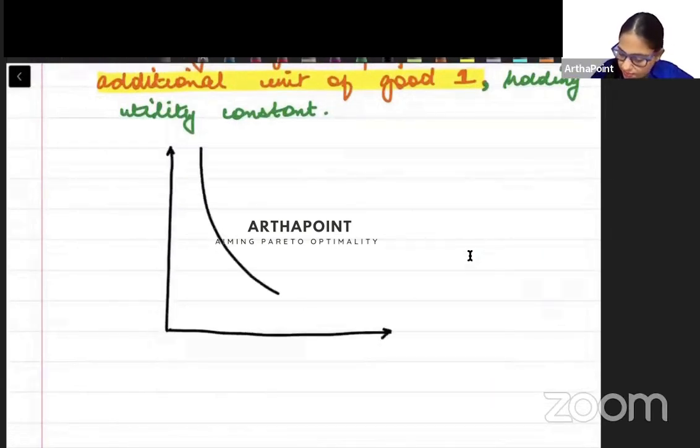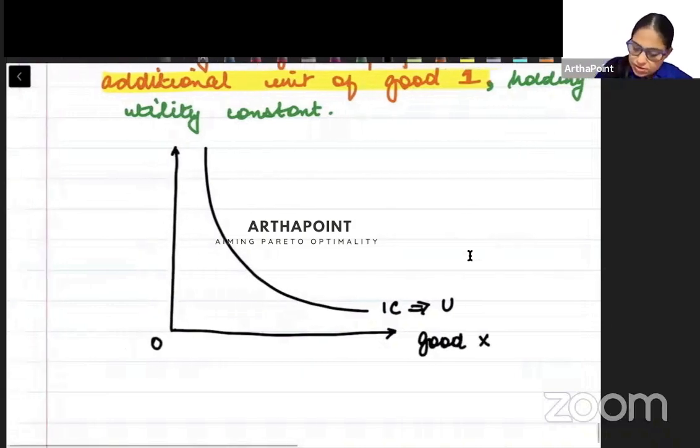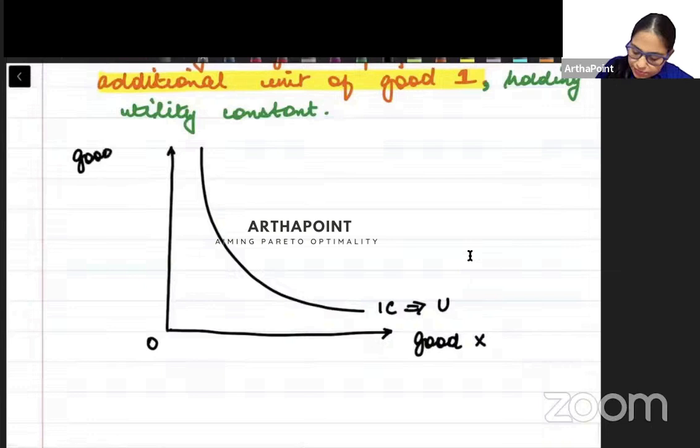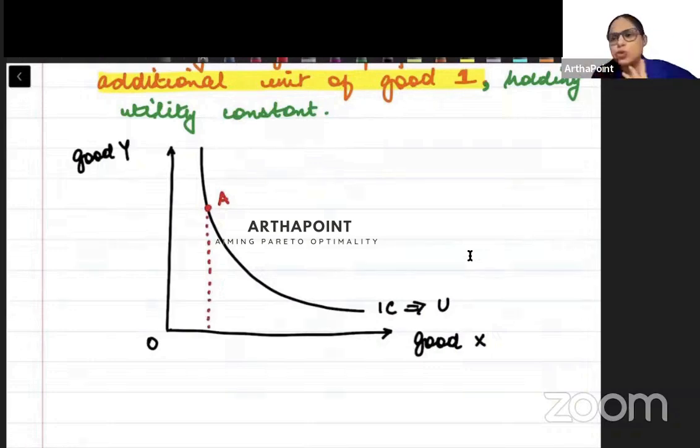Suppose, beta, this is my indifference curve. This is my utility function. This is good x. ये good x है. This is good y. Now consider I am on point A. मैं point A पर हूँ. At point A, suppose I give some form to the utility function.